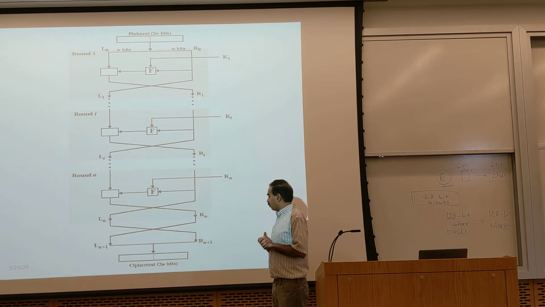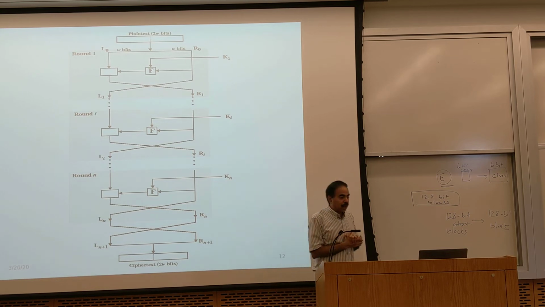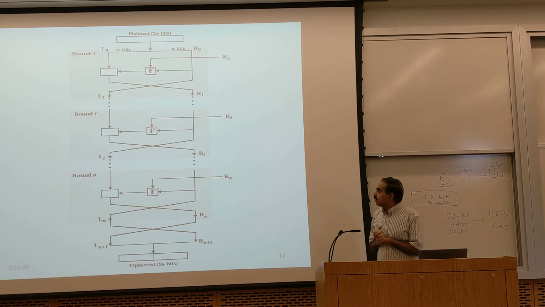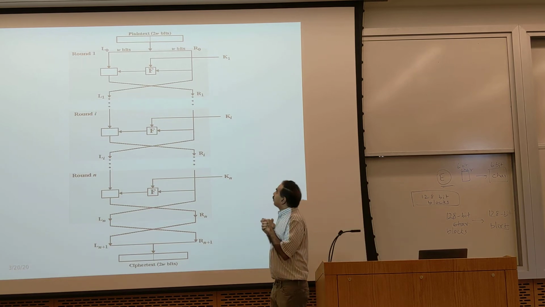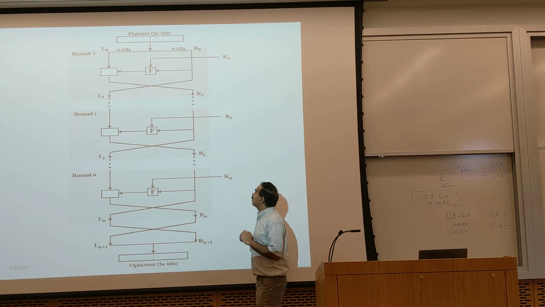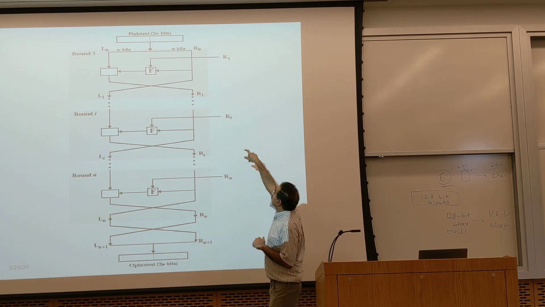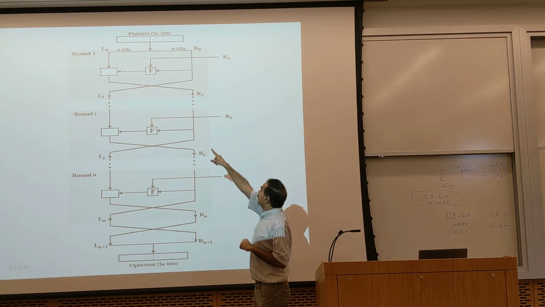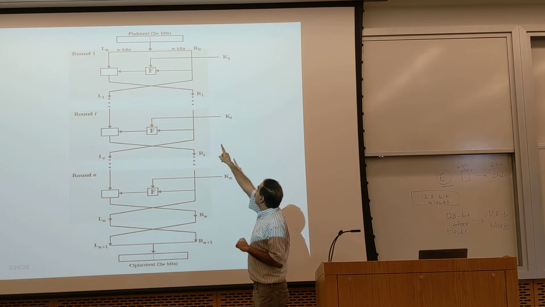So often you may have like 32 rounds of these operations, and in each round what may typically happen is that you take the entire plain text block, divide it into two halves, and then one half goes through as it is, the other half is permuted using the key.